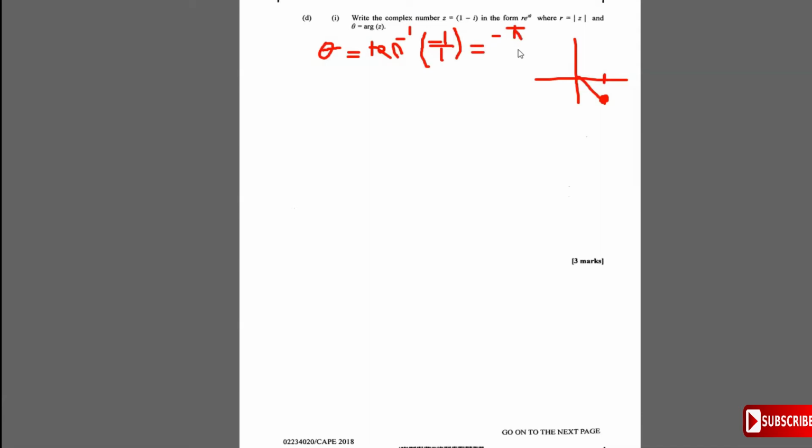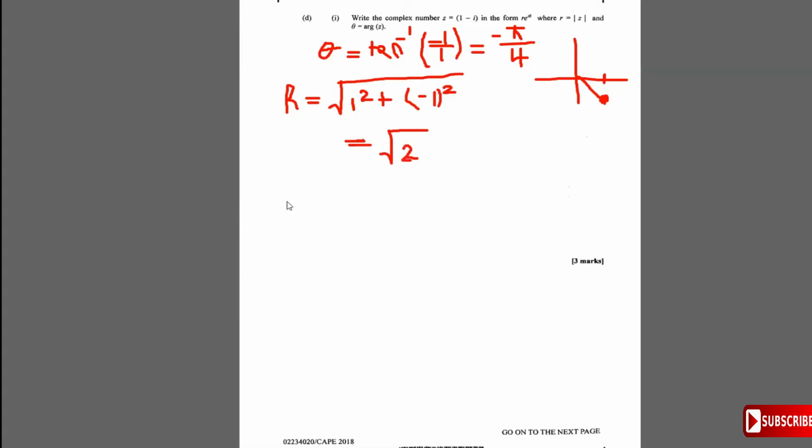So that's the angle in the fourth quadrant. Then we need to find r. r is going to be equal to the square root of 1 squared plus minus 1 squared, and that's equal to the square root of 2. That is r.